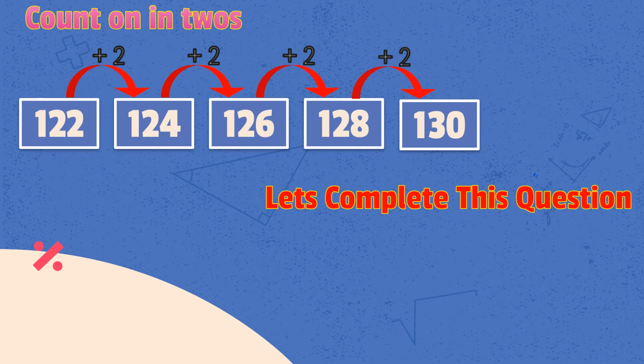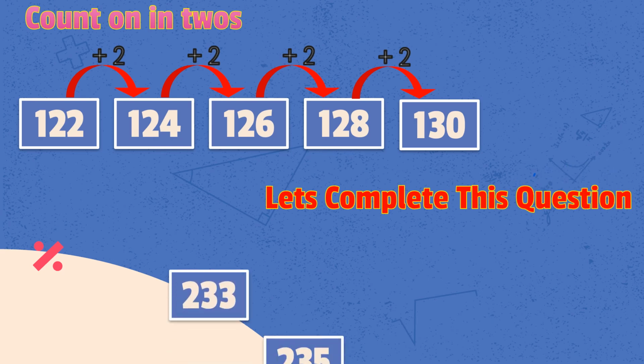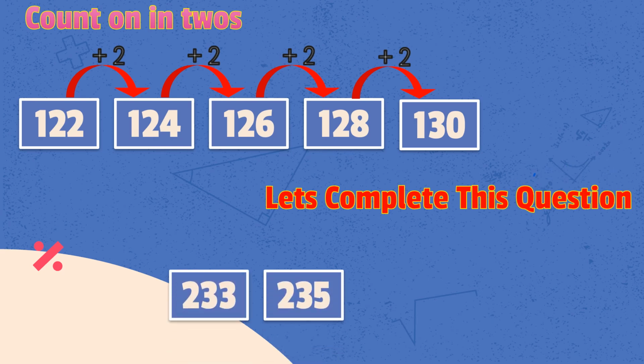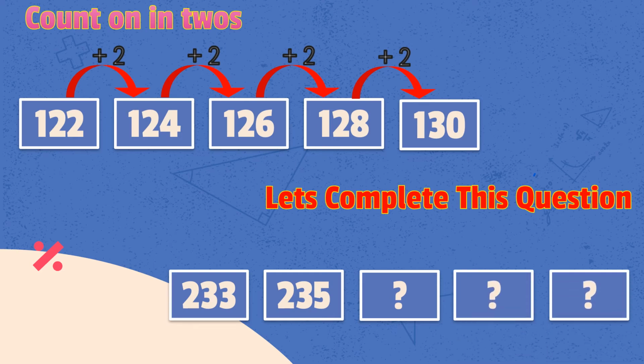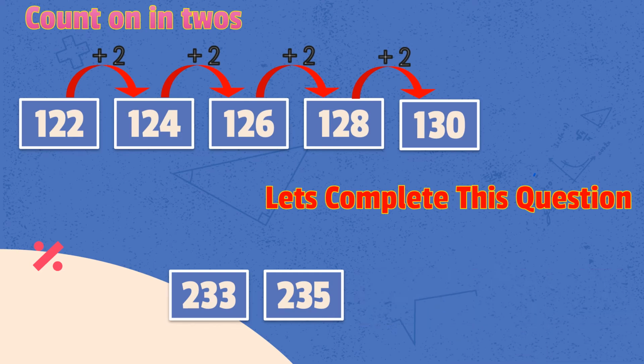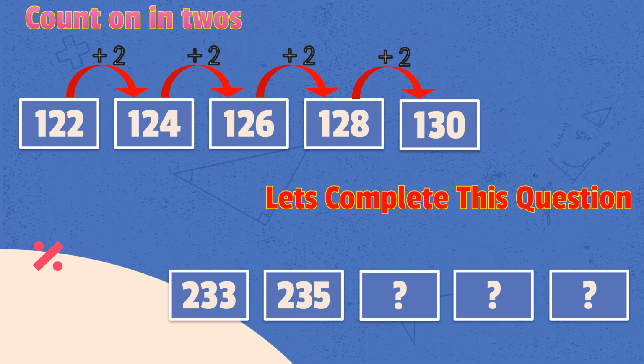Let's complete and try this question. First, take a look at this number. These two numbers are very close, and then we can know these two numbers become bigger or smaller. This number becomes bigger from 233 to 235.